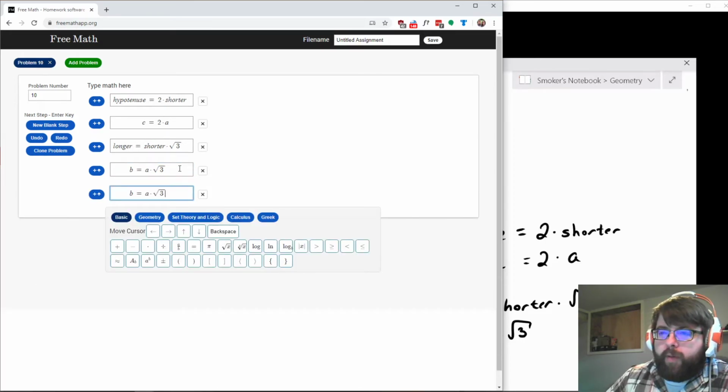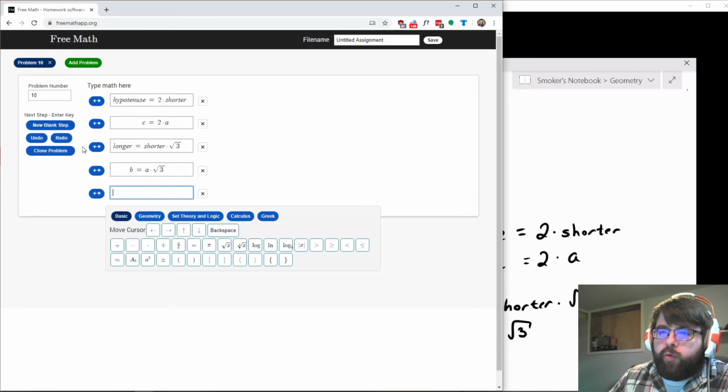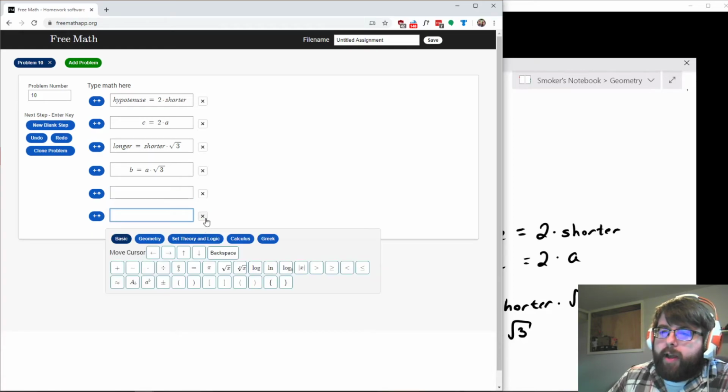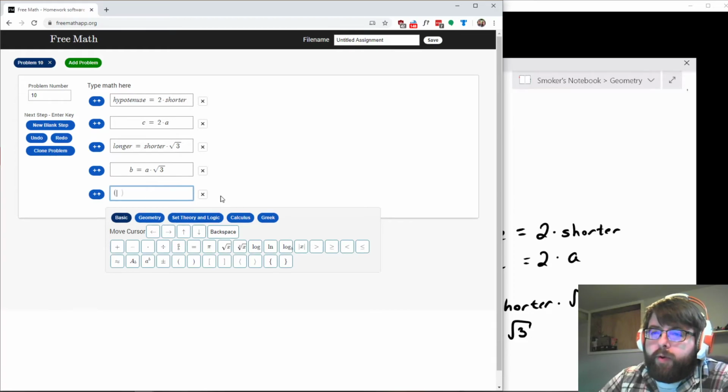So then the harder part might be making this table. Actually, let me do a new blank. So to make this table, actually, you know what you can do? If you're listening to this, you can just put in parentheses here, C work packet for table.